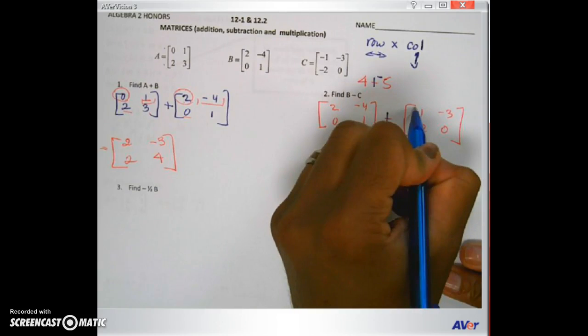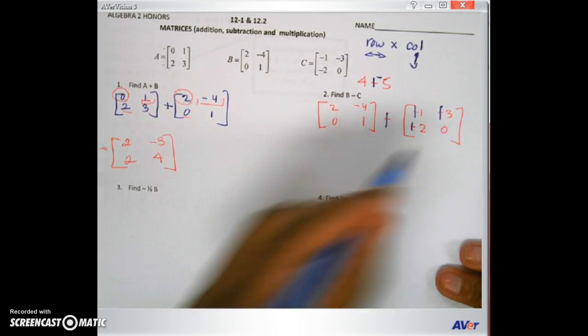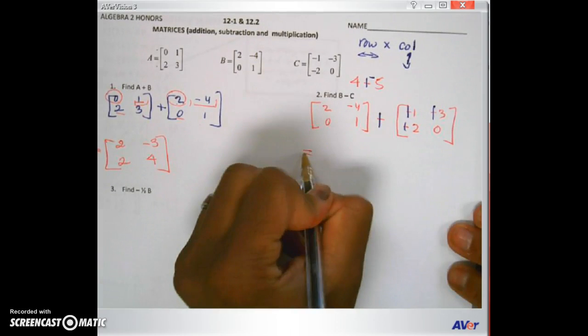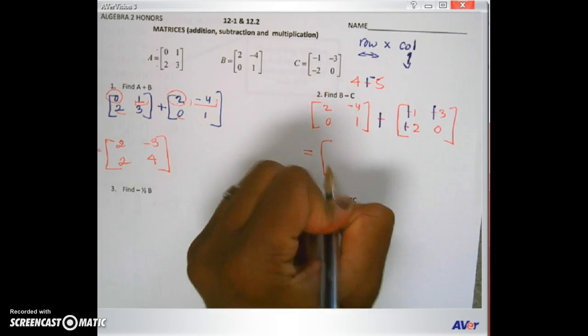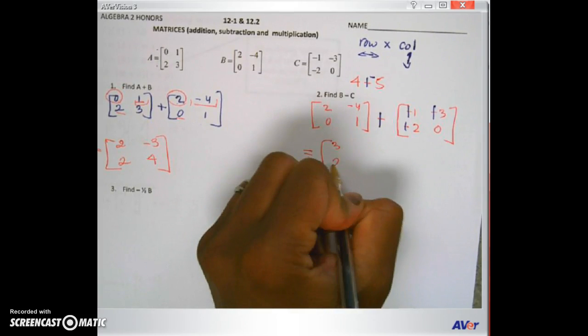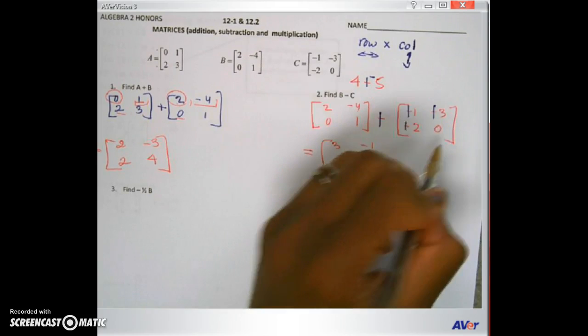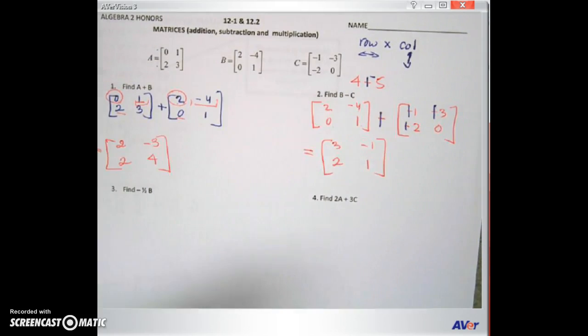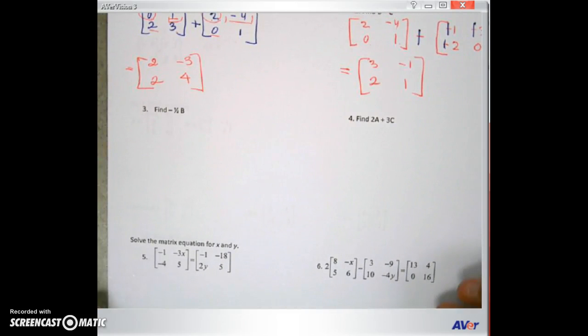Now the opposite is the opposite, opposite, opposite. You have to change all of the signs except 0 because it doesn't have a sign, obviously. And then from there you'll add the same way that you did before. So 2 plus 1 is 3, 0 and 2, 2. Negative 4 plus 3 is negative 1. 1 plus 0 is 1. That is matrix addition and subtraction.